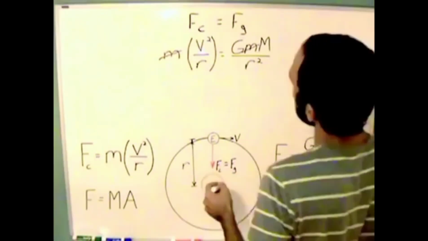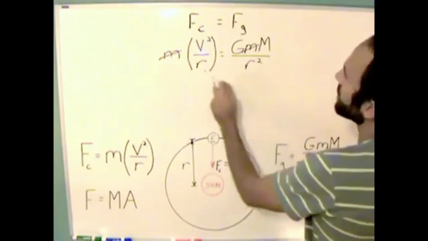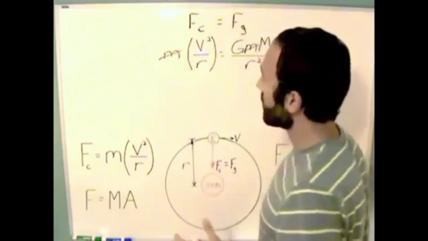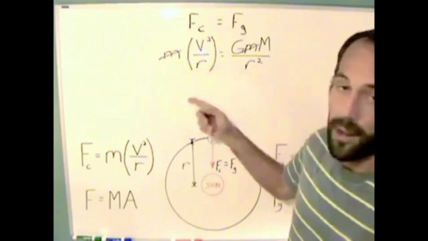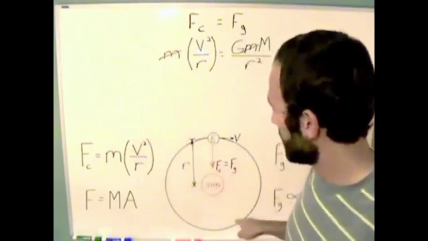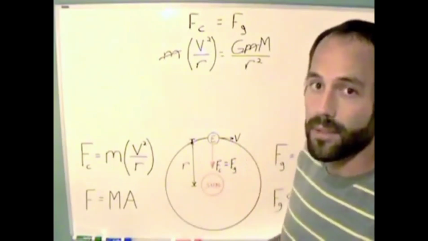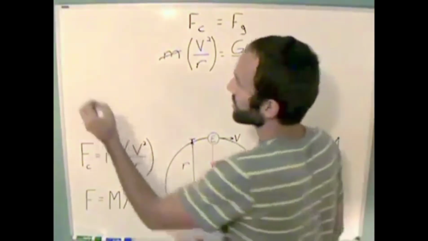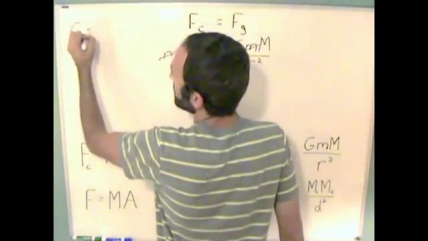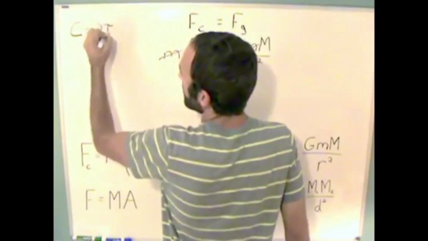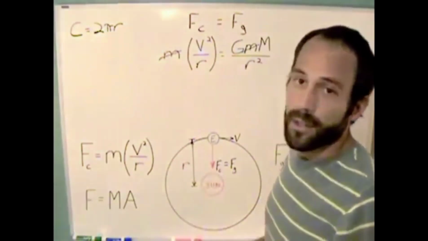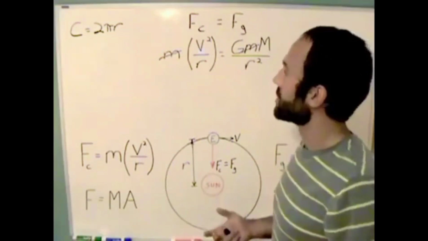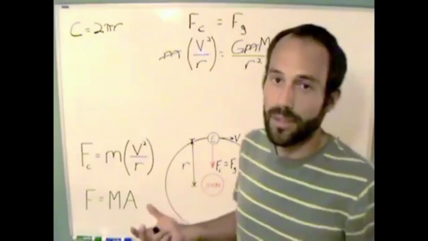So now you have the mass of the Sun, you've got the velocity of the Earth, which you know because you know the radius, and you can calculate the circumference of the circle, or the distance it travels around the Sun, which circumference, I'll write that over here, is equal to 2 pi r. Okay? So they already knew the distance, so they can figure out the velocity, because velocity is really distance over time.